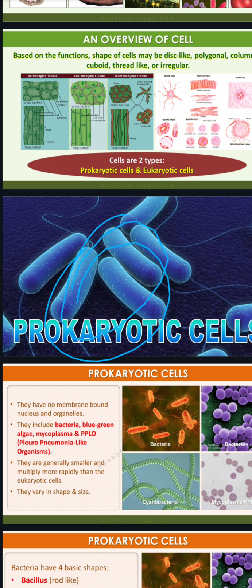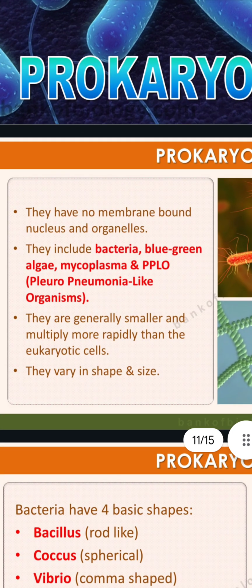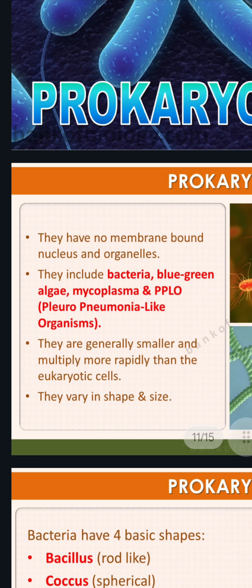All the bacteria, all the tiny, microscopic organisms come under the prokaryotic cell category. First thing, they have no membrane-bound nucleus and organelles. They do not have the nucleus, which is the control system, and they don't have membrane-bound organelles.